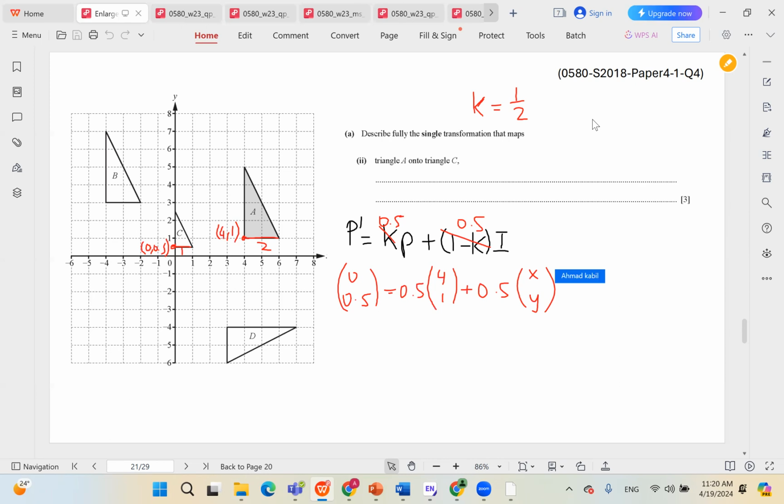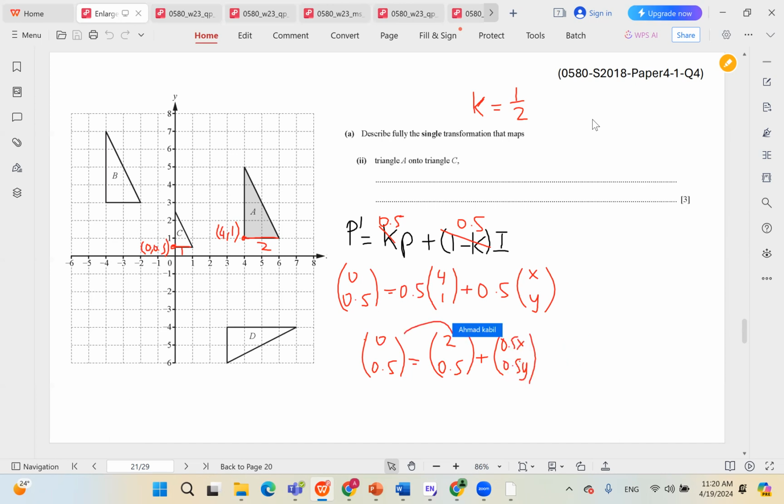So we have 0, 0.5 equals 2, 0.5 plus 0.5 xy. Or we can just write here 0.5x, 0.5y.